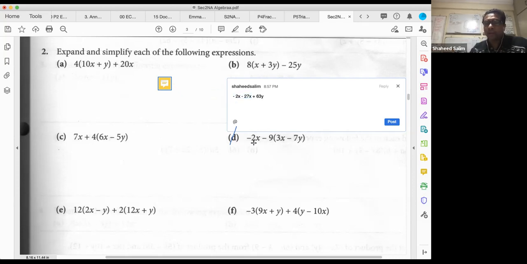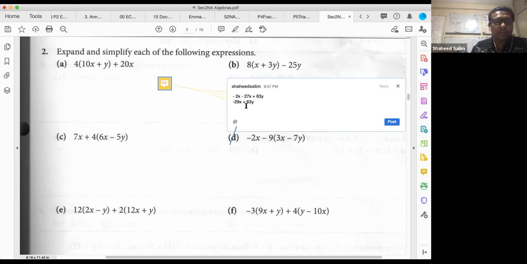This 2x you must not forget, Ryan. So you get minus 29x plus 63y. This is your answer for question number D. I repeat that: minus 29x plus 63y.